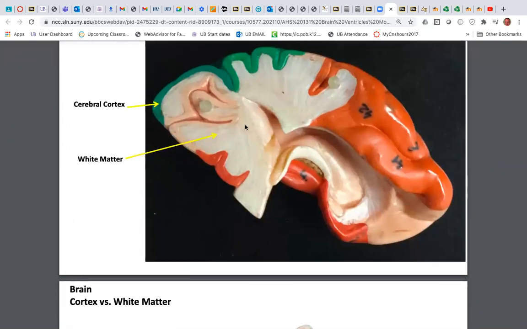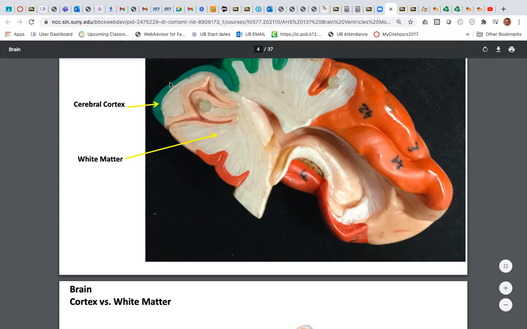When we look at the brain, just like we did the spinal cord, what was interesting was that in the spinal cord, the letter H, the butterfly, was gray matter, and then white matter surrounded that. On the brain, it's the opposite, where on the outer part of the brain, the cerebral cortex is gray matter, and the inner part of the brain is white matter.